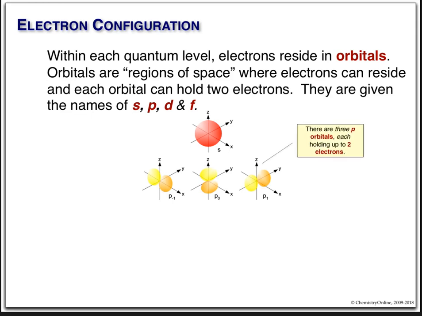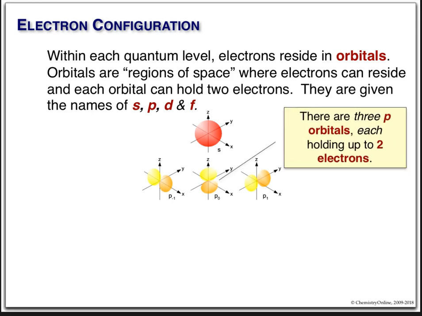The next set are p's. There are 3 p electrons, or 3 p orbitals. We call them px, py, pz, and each of these can hold 2 electrons. Now, you look at the geometry here, it's very tempting in your head to say, oh, 1 electron's there, 1's there, right?